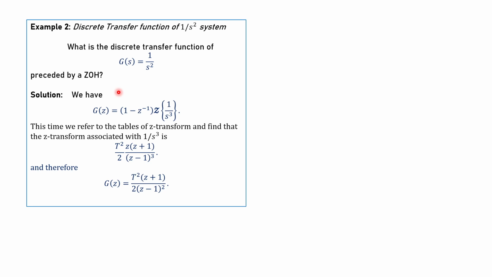The polynomial function is defined for single input, single output, so as long as you have single input, single output, you obtain the same form of transfer function either way.